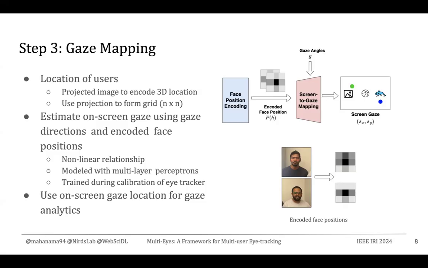Here we assume a nonlinear relationship between the inputs, which are the gaze angles and the encoded face portions, and model it with the multi-layer perceptron approach. We train this small model during the calibration phase of our multi-user eye tracker. Finally, we use these on-screen gaze locations for analyzing the user behaviors.